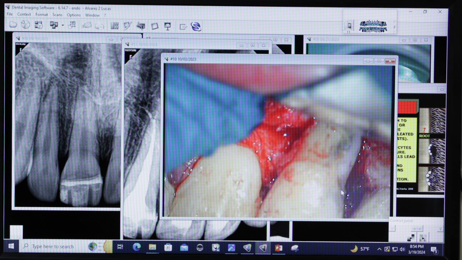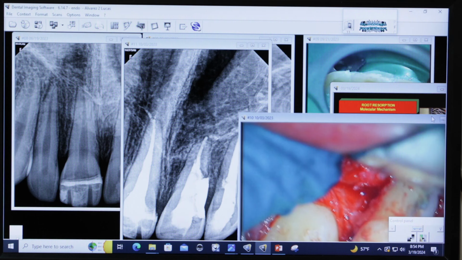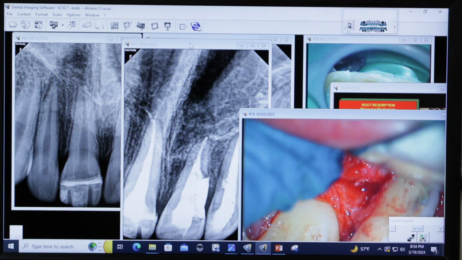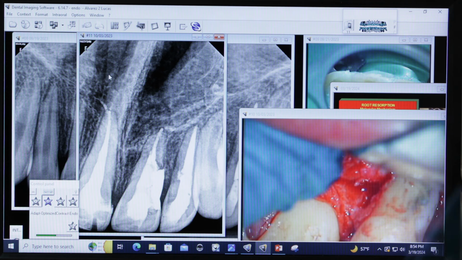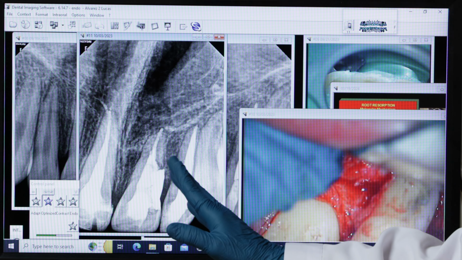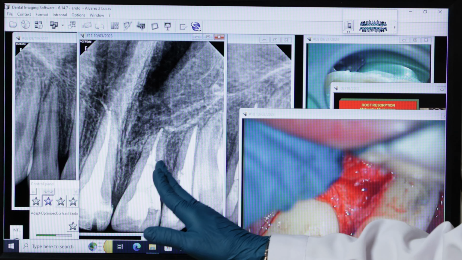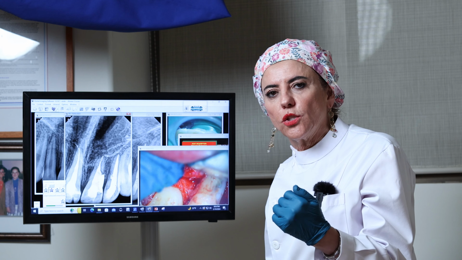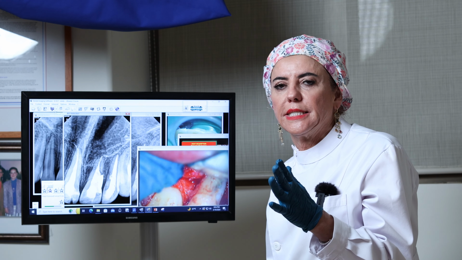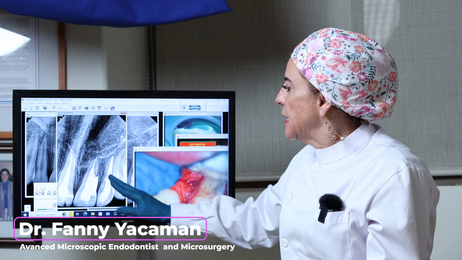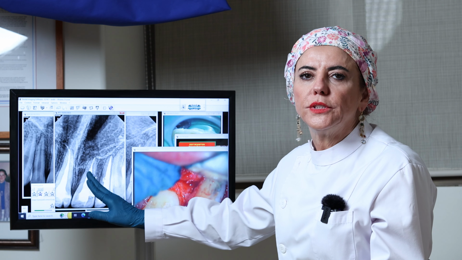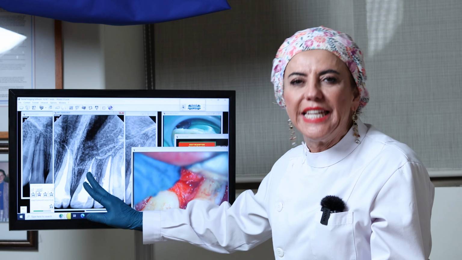So why do we have to do it surgically? Because when we work with MTA, it works amazingly for root resorption. And what does MTA do? It induces the formation and also delivers calcitonin, and calcitonin paralyzes the osteoclast. And when the osteoclast is paralyzed, there's nothing it can do to continue dissolving or eating the tooth.